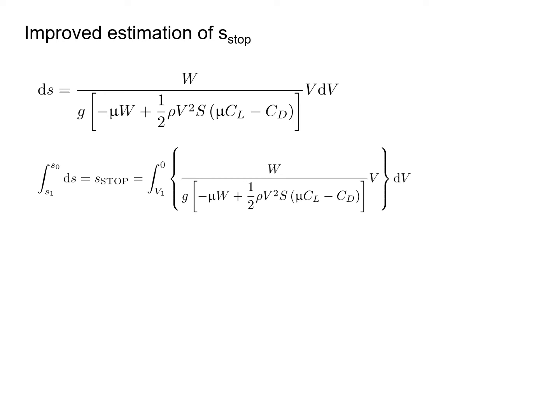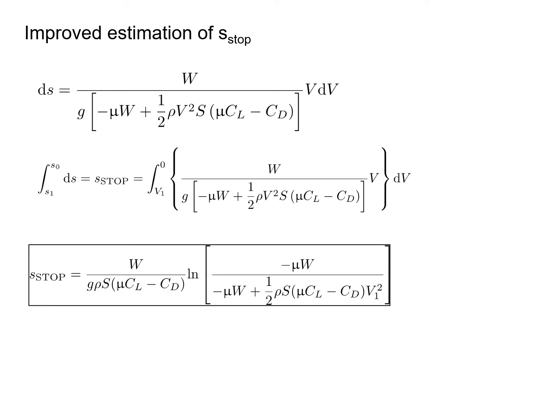The integration procedure is the same as we did for the ground run distance, so I'm not doing the integration here, and it gives you such a relation. So that's the stop distance. Then the total balanced field length is S1 plus S stop, where S1 is the distance for the aircraft to reach V1, the decision speed.